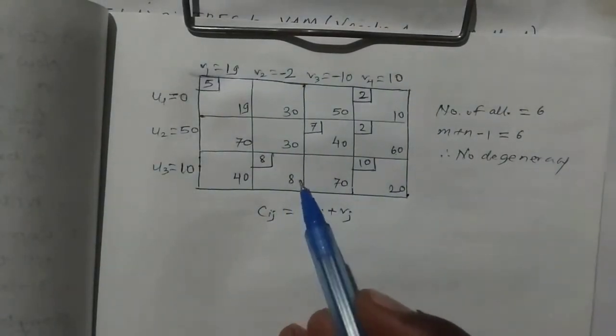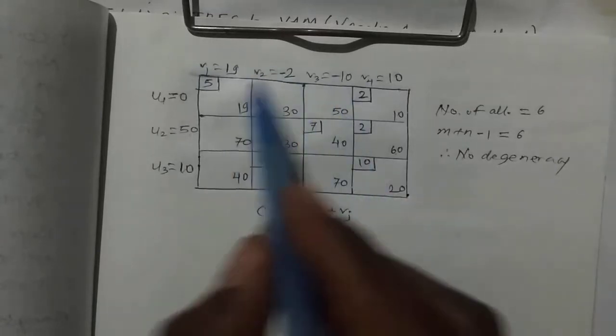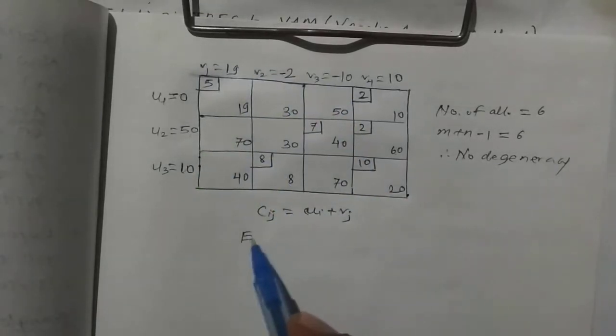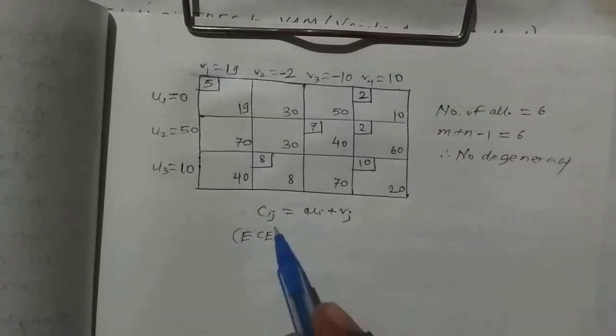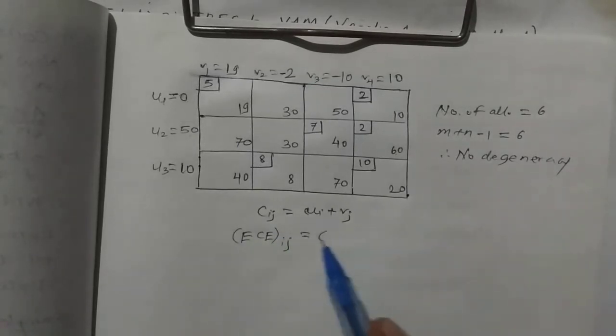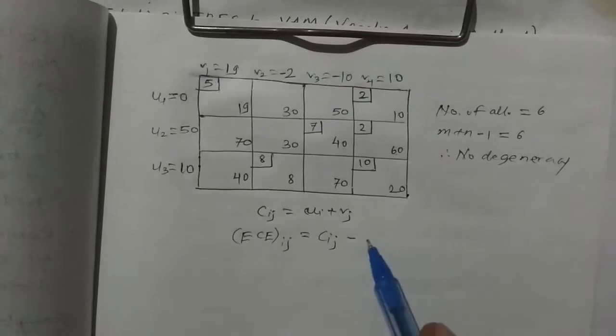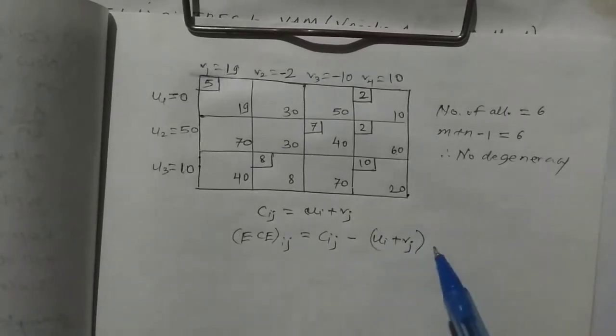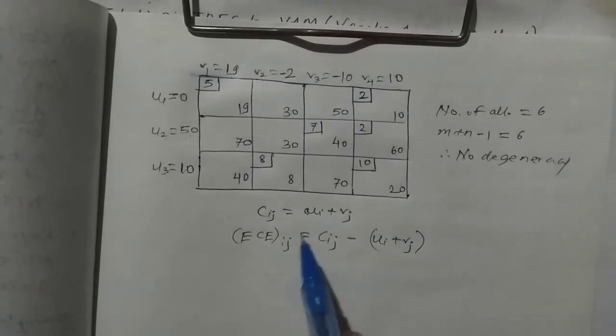Now once we get these ui and vj values, then calculate empty cell evaluations equal to Cij minus (ui plus vj). This is for non-allocated cell.